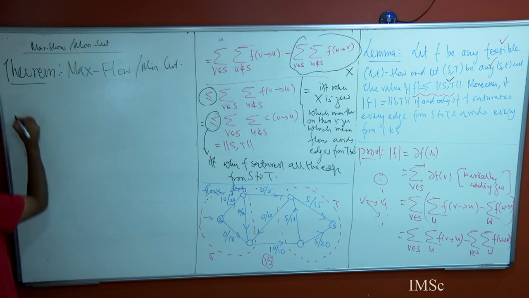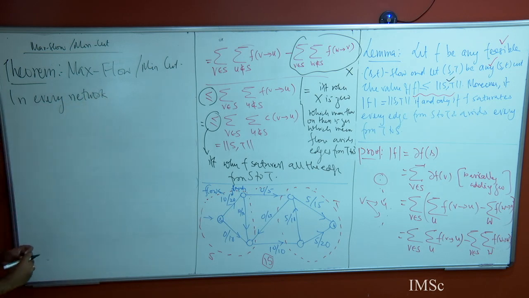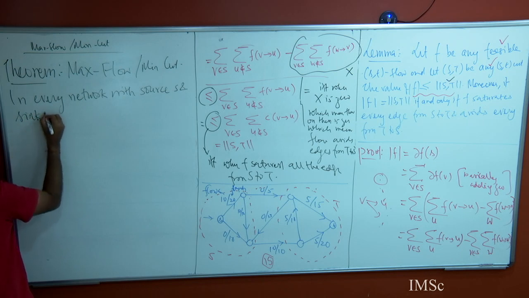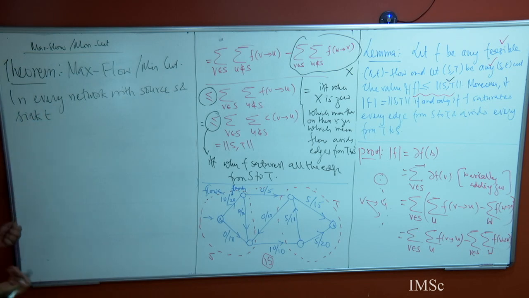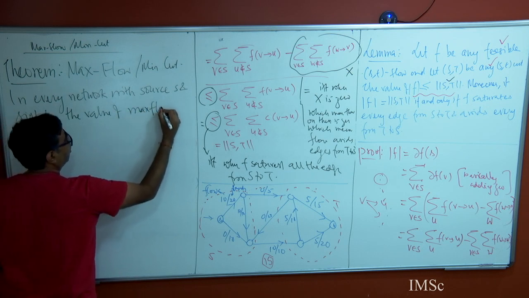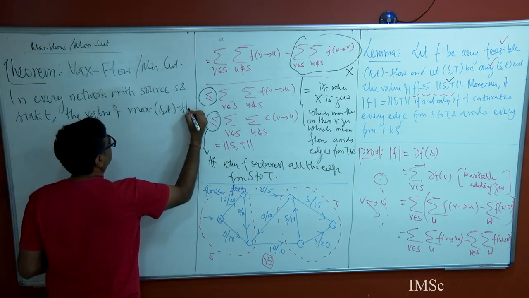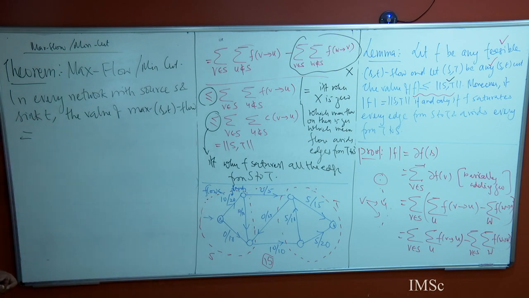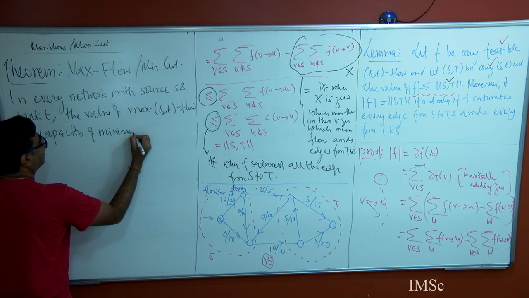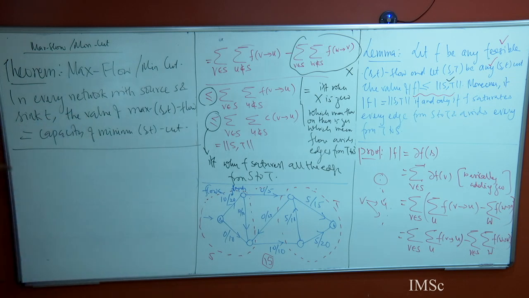It says in every network with source S and sink T, the value of max flow, the value of max ST flow, not any flow, is equal to the capacity of the minimum ST cut, okay? So this is the theorem which I want to prove.